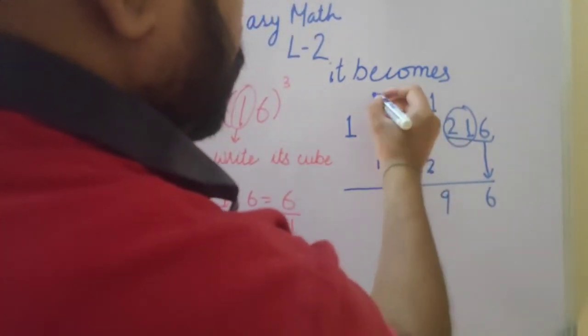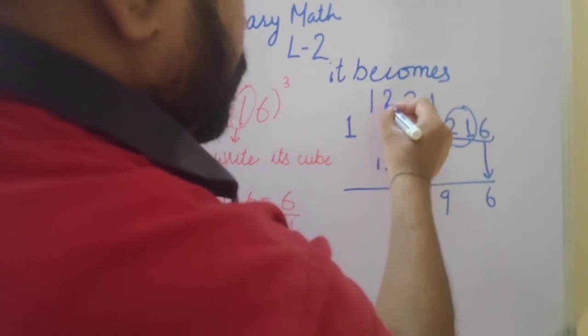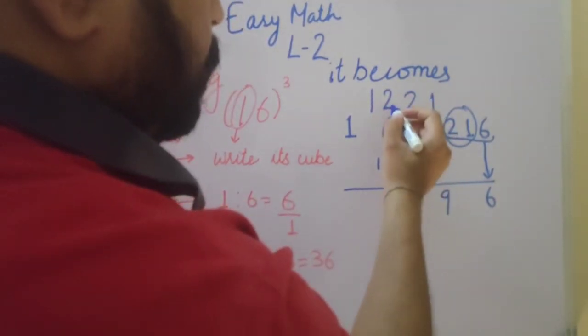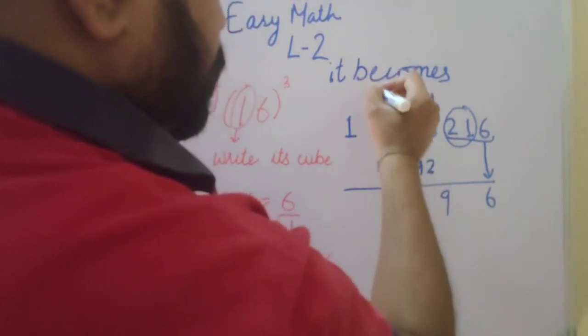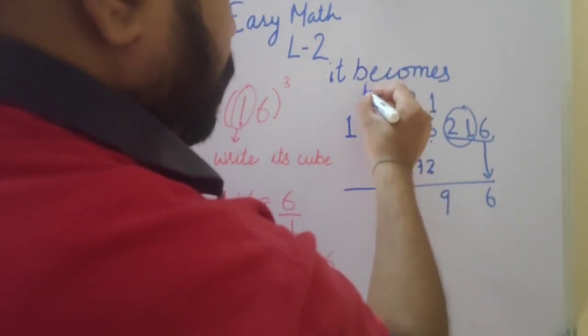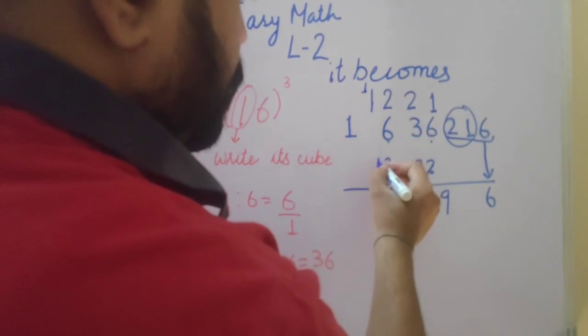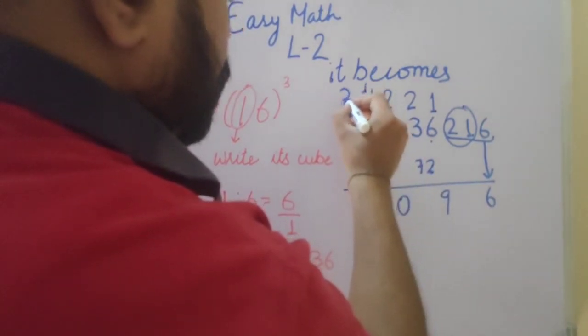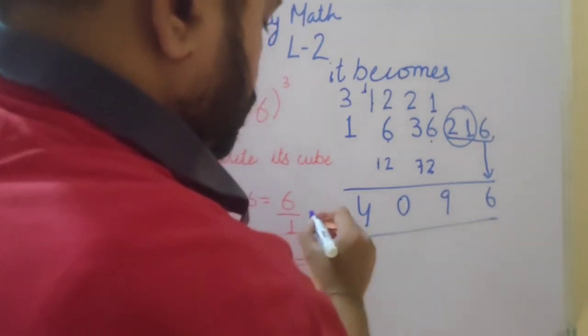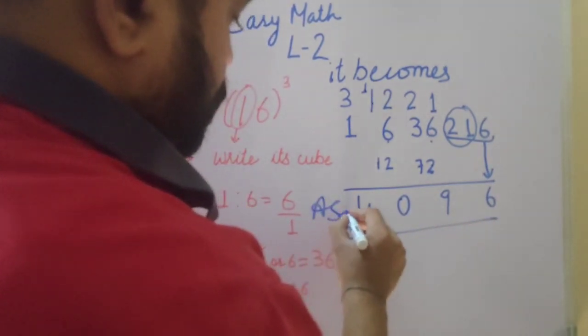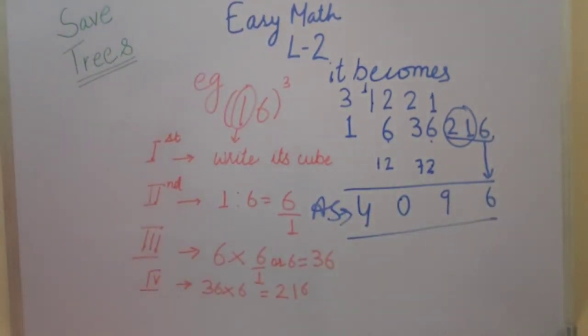Then 7 plus 3 is 10 and 2 is 12, so we write 12 above the next digits. Then 6 plus 2 plus 2 becomes 10, we take 0 and carry 1 forward, and it becomes 3, and we carry that 3 forward, and it becomes 3 plus 1, 4. So you see guys, this 4096 is your answer.